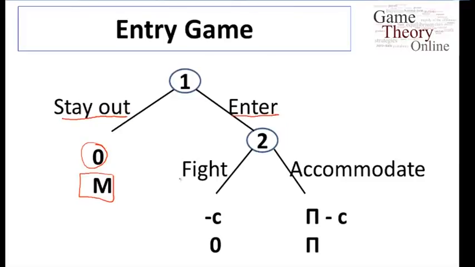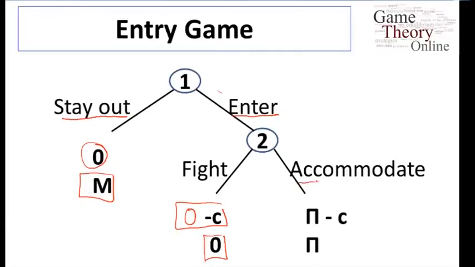They either fight a price war. If they fight the price war, they both get profits of zero. So zero for the firm that was already in the market, and zero minus the entry cost for the firm that entered. So here, the entering firm is going to earn a negative profit. They're going to lose money.